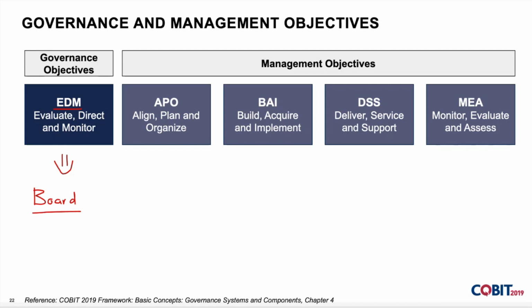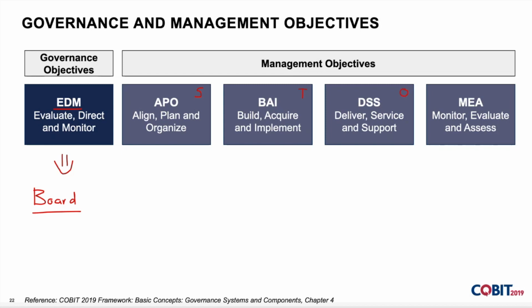Underneath that, there were 4 management objectives, and these 4 management objectives range from very strategic to a little bit more operational. So a good way that I always use to memorize it is that if you look at align, plan, and organize, these are the more strategic objectives. Build, acquire, and implement is a little bit more tactical objectives, whereas deliver, service, and support is the more operational objectives.